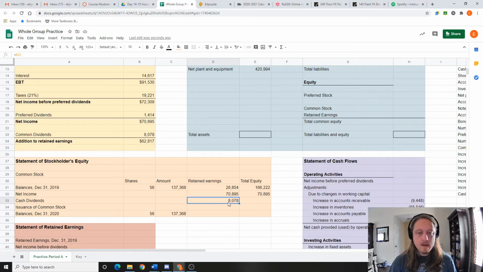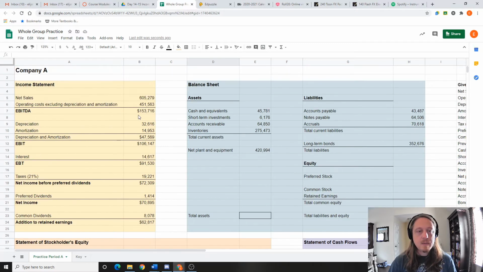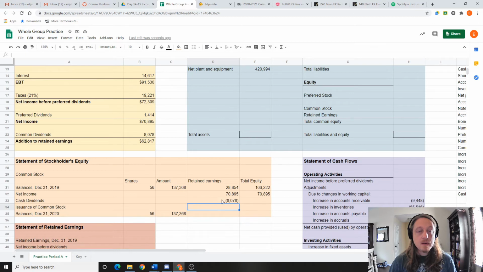Oh, my bad. I forgot to tell you something about this value. This needs to be negative, because this amount was spent. Typically we keep it positive here, but this we want to mark as negative. The way you do that is, let's start over. Say you select common dividends, you would want to put a minus before that.